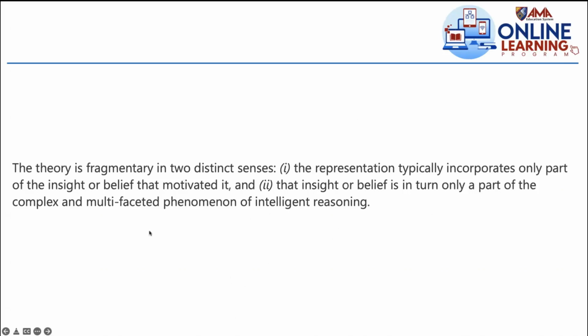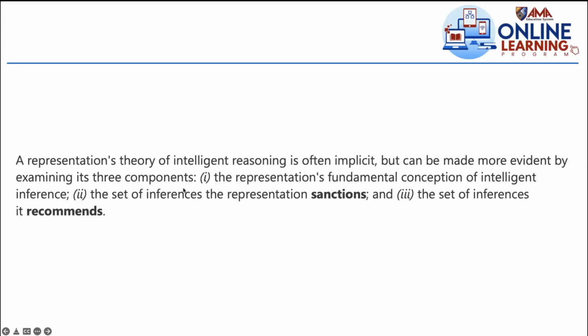That's why it's connected to the second role, where we talked about focusing and blurring. Here it's the fragmentary view of intelligent reasoning, but again there is the focusing and blurring effect, because if it's only part, that's the focus. The other parts will not be focused. They will be blurred.